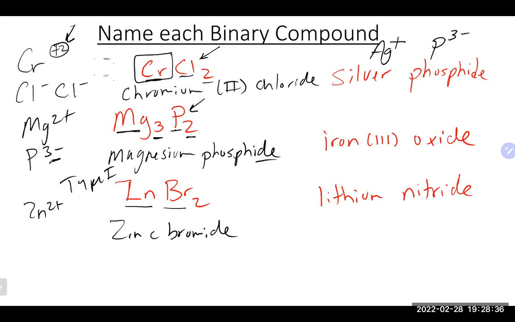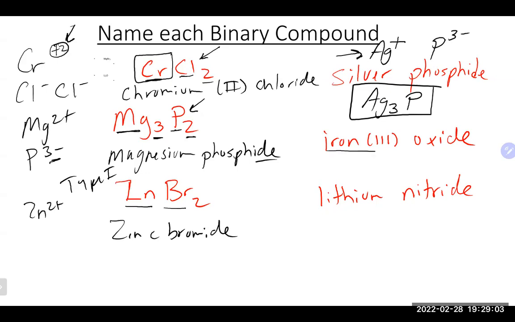In this particular case, we would actually need more of the silver, right? To get us to 0, we need a grand total of 3 to do that. And that would give us Ag3 and 1 phosphorus. That basically means we have 3 silvers at +1 each, gives us a grand total of +3, and 1 phosphide at -3. So we're all balanced. Any questions on that one there?